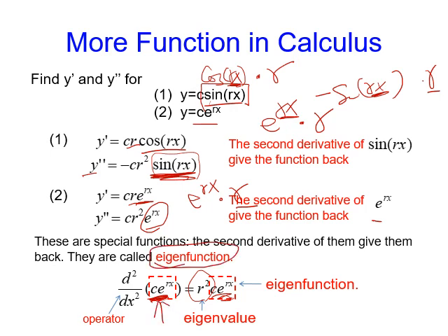Okay, so this is the eigenfunction, and the second derivative in mathematics is called an operator. When you give the function back times a constant, that constant is called the eigenvalue. All right, we'll talk more about this later, because this kind of function is special in quantum mechanics.